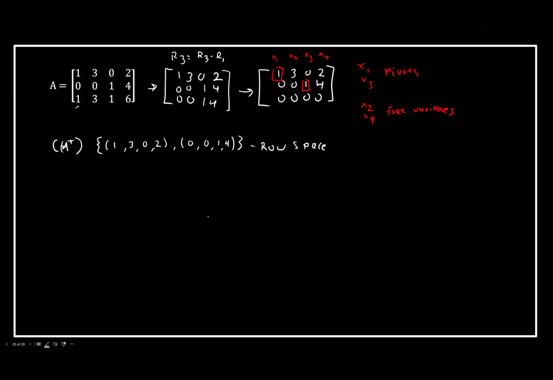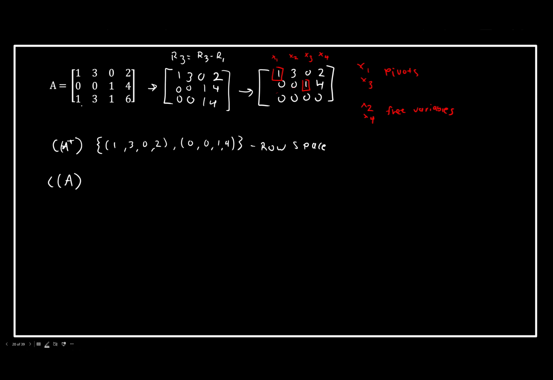And then the column space is kind of interesting. What's tricky about it is you have to take the columns of your original matrix, right? Because we're allowed to do row operations, we can use the rows from our reduced row echelon form. But our columns change differently. We're not doing column multiplication or column algebra.